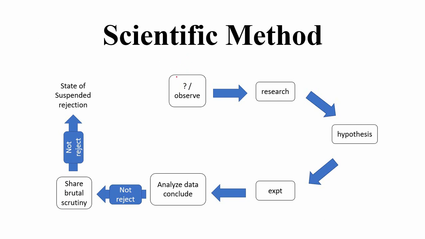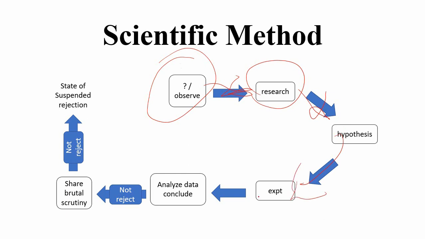So this basically summarizes scientific research. We start at the observation and questions, then we go to the research, then we go to the hypothesis, then we go to the experiment, then we analyze the data, and then we share the results, and based on whether or not the data supports the hypothesis, we'll move forward.